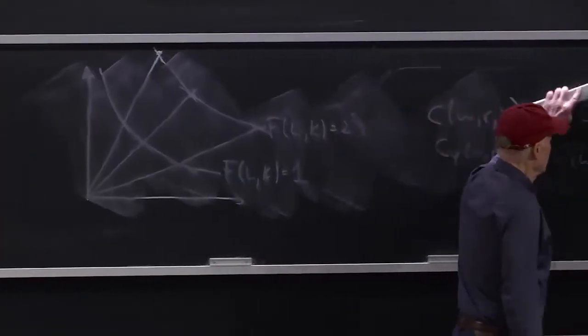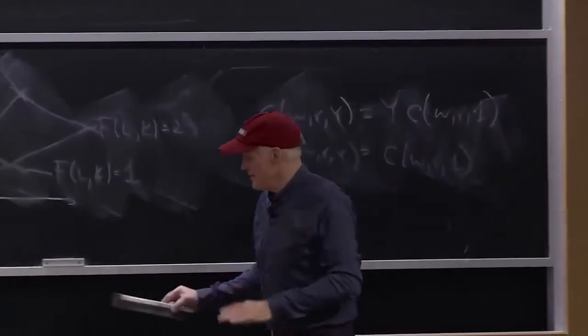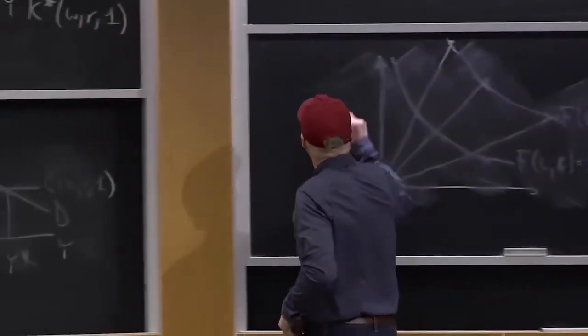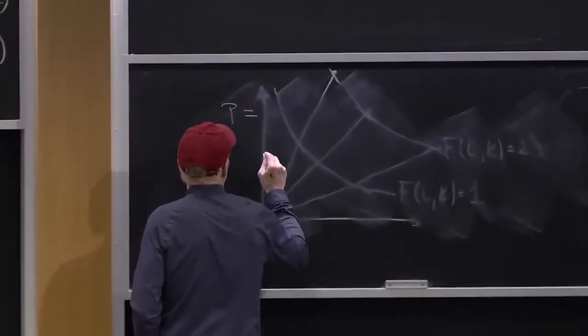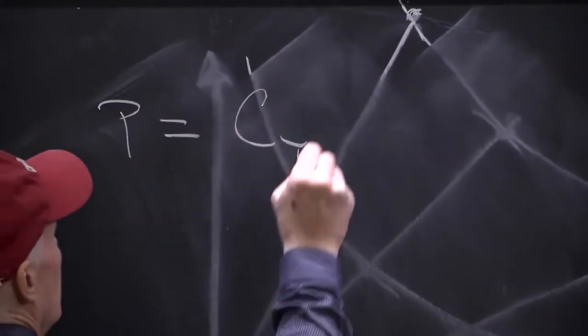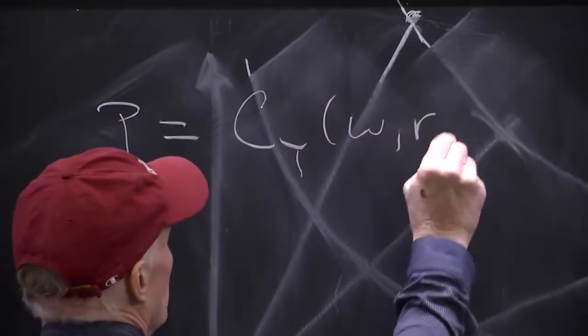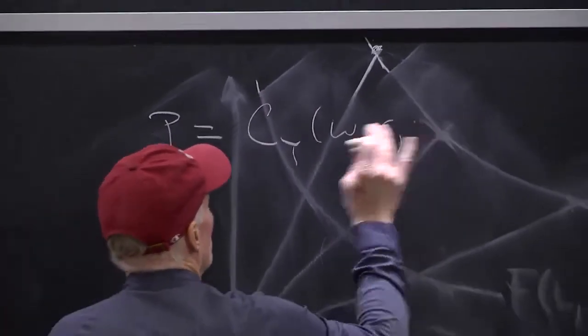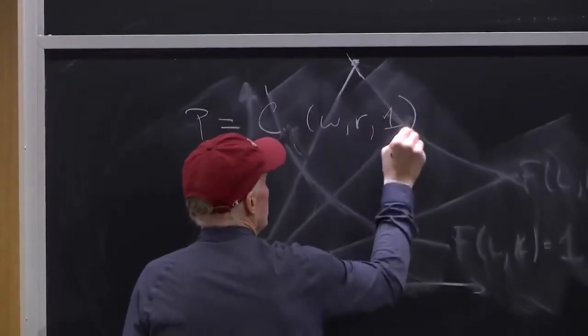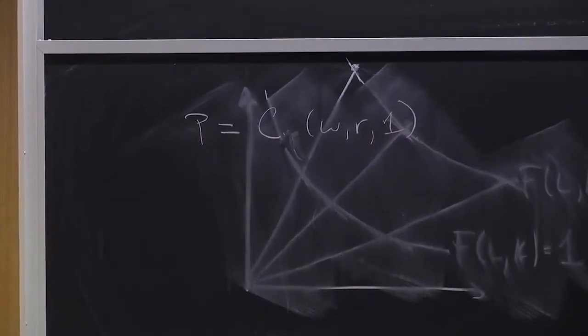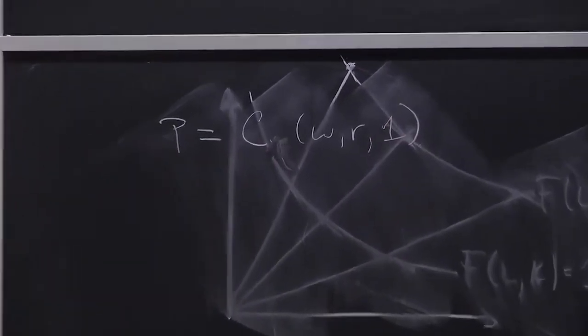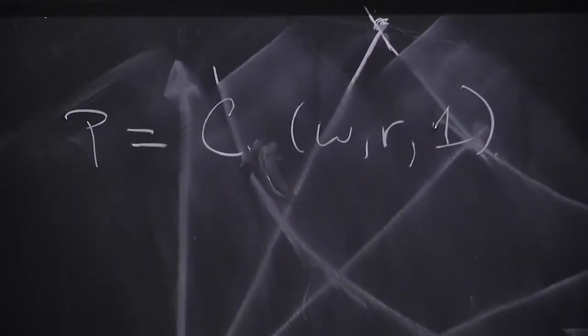Okay. All right. Okay, so let's think about it. Well, what's our equation? P equals C of W, R, and 1. Everybody agrees with that? Yes? Agrees.